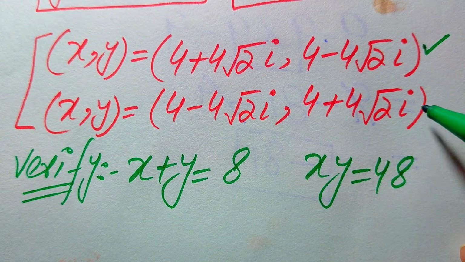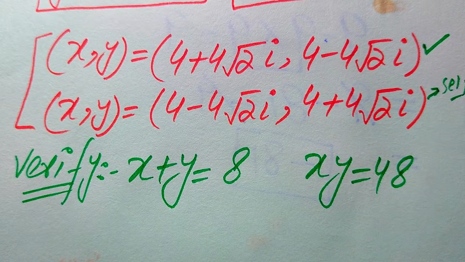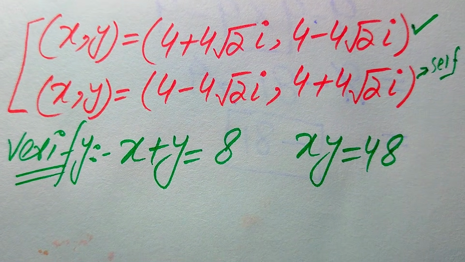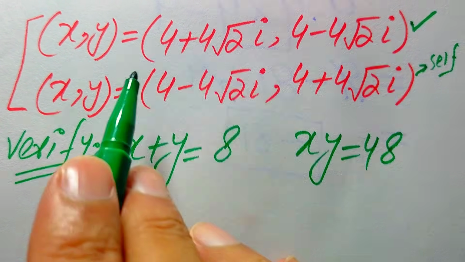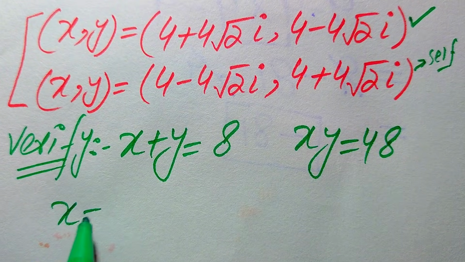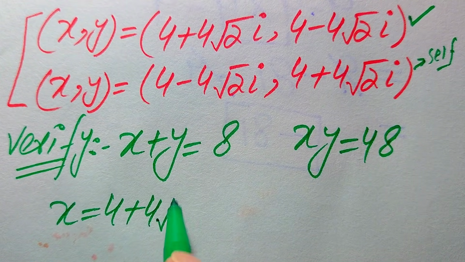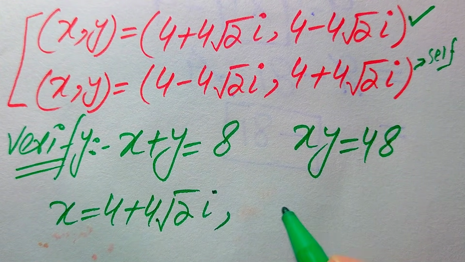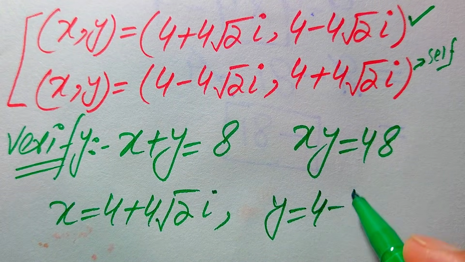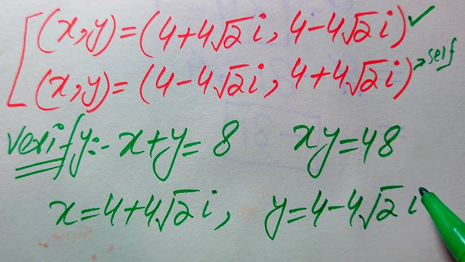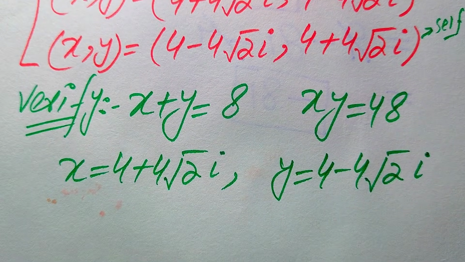So kindly do the verification by yourself. Okay, so first we verify this value, where x is 4 plus 4 times the square root of 2 iota and y is 4 minus 4 times the square root of 2 iota.